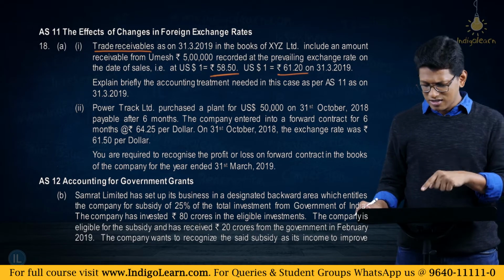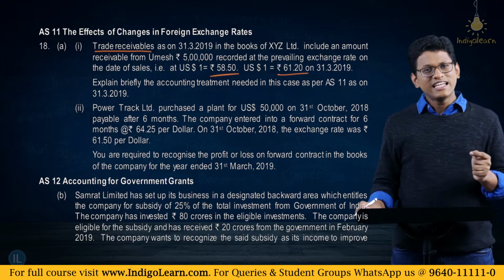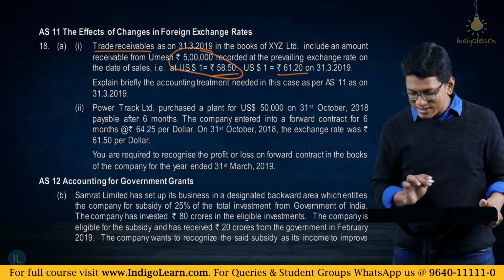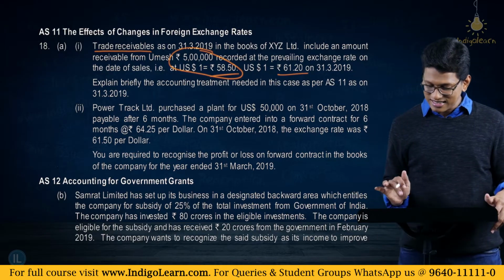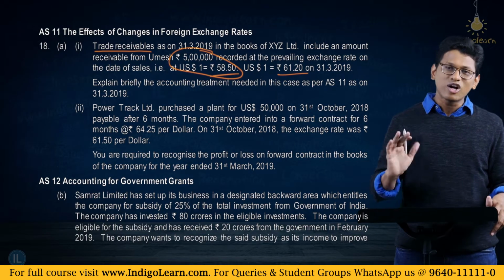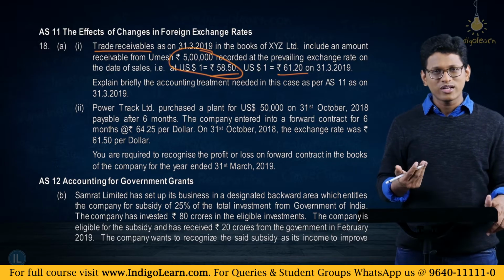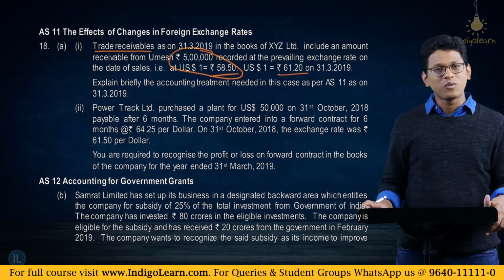So the 5 lakhs given in the question is considering what rate? 5 lakhs is considering the rate on the date of transaction. So now you need to do a calculation for 61.2.